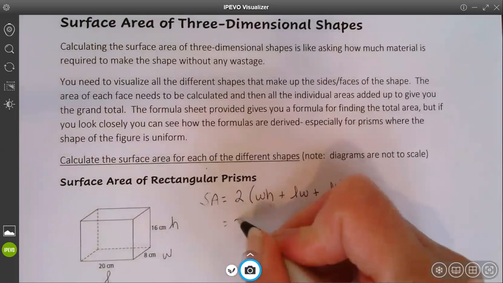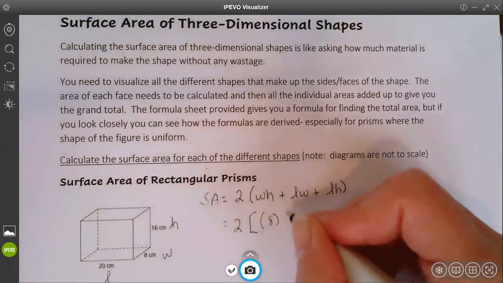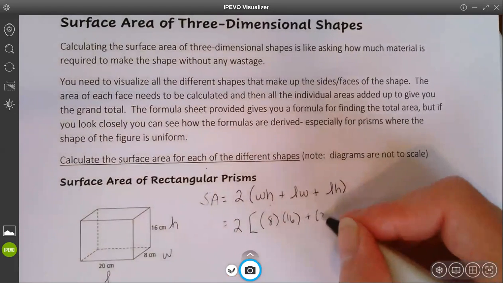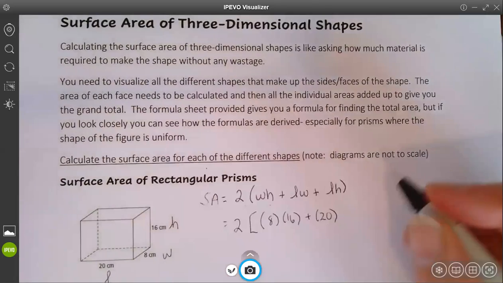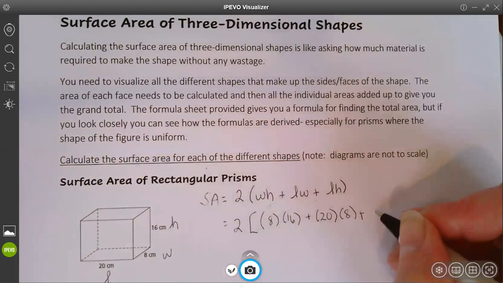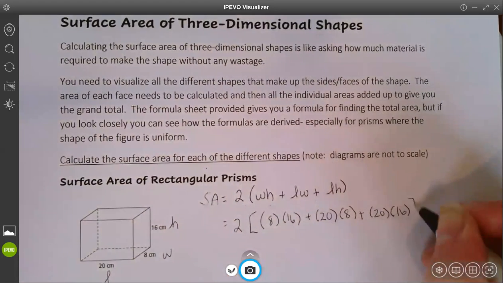So we're going to substitute this information in. So our width is 8, our height is 16, the length is 20.